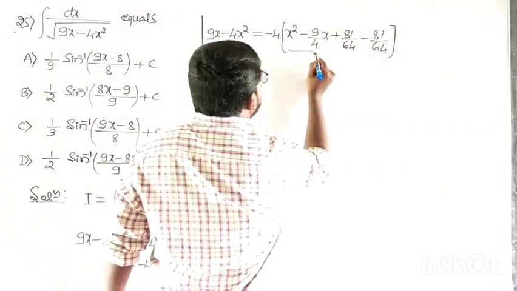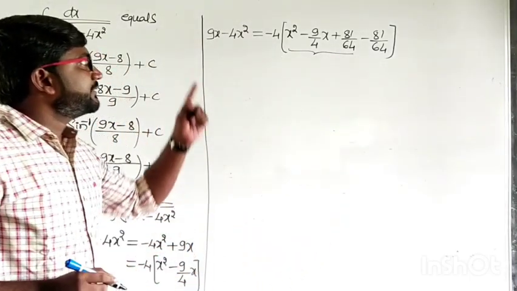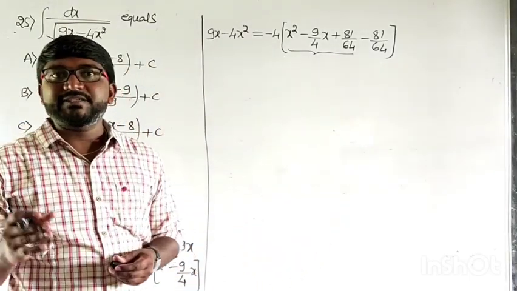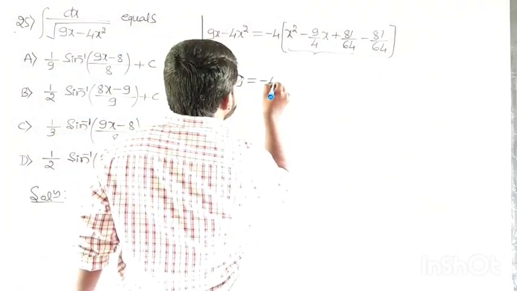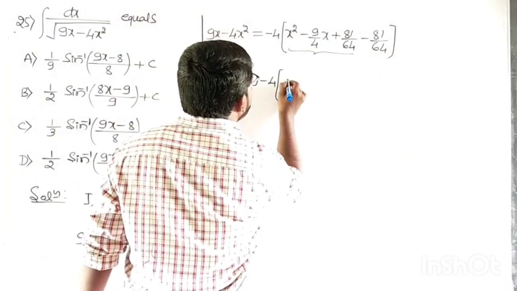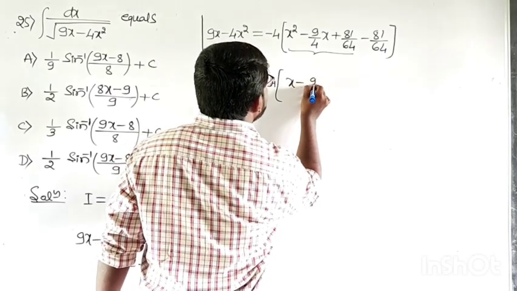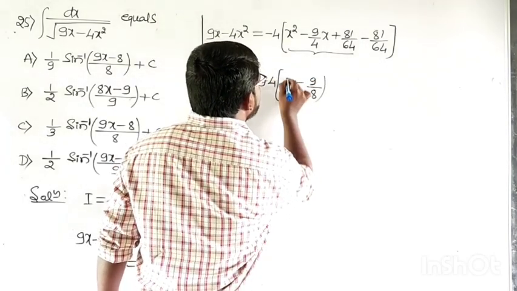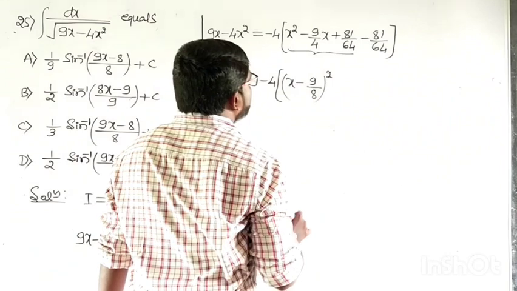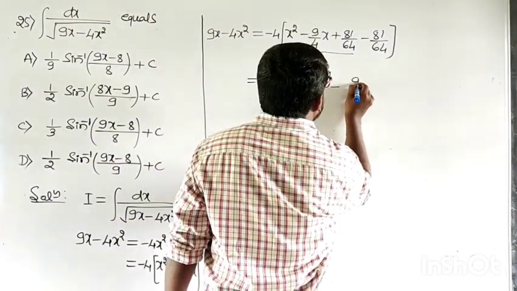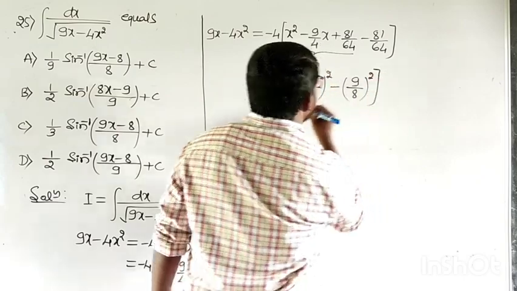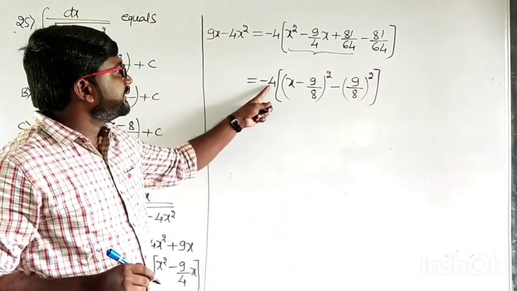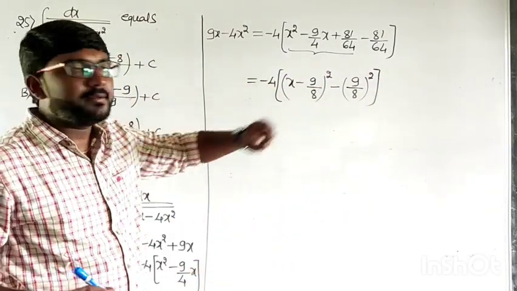So how do we write these three now? It is in the form of a square minus 2ab plus b square, which is equal to minus 4 times. These three can be written as (x minus 9 by 8) the whole square, and then minus (9 by 8) the whole square. Then I write the 4 as it is and take this minus sign inside the bracket.